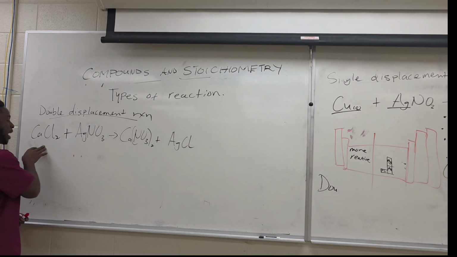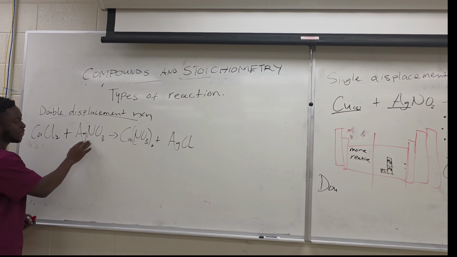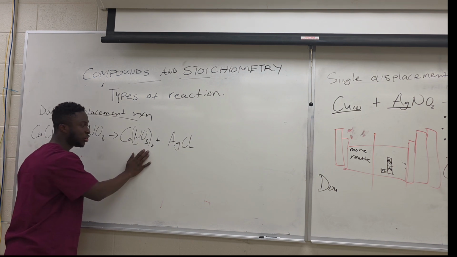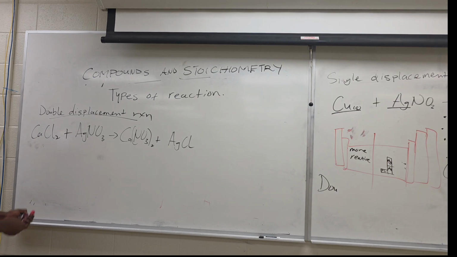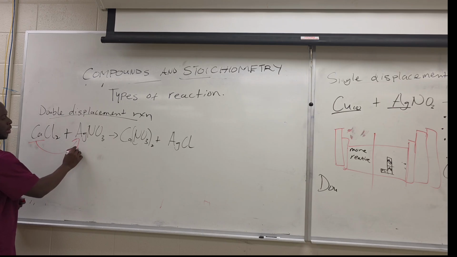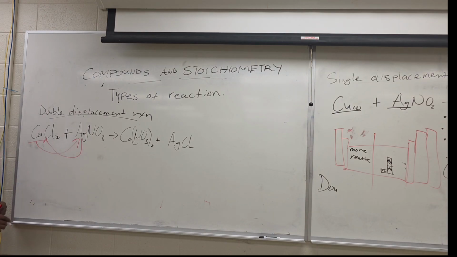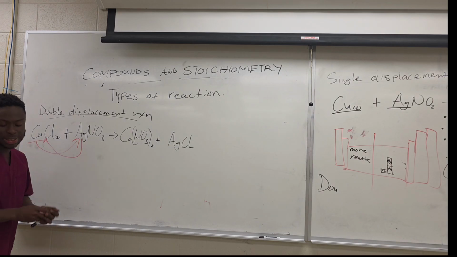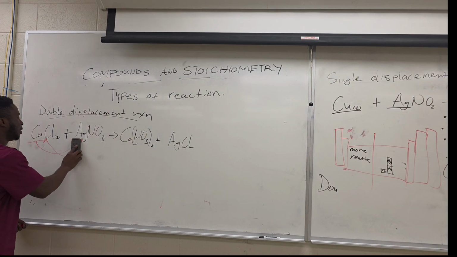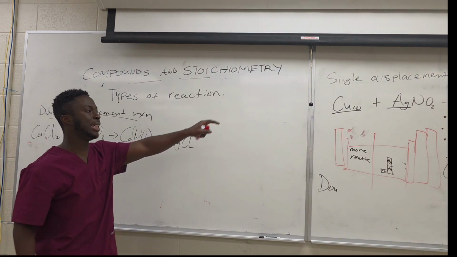An example of that is a reaction where calcium chloride reacts with silver nitrate to produce calcium nitrate plus silver chloride. Why is it double displacement? The calcium displaced the silver, and then the silver took the place of the calcium to form this. Now the reason they did that is due to some of the rules I first aligned here.